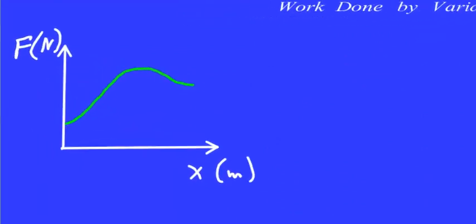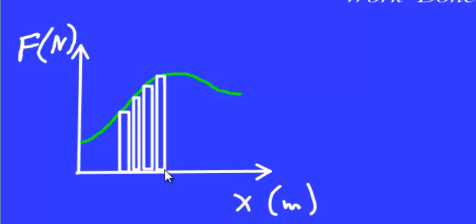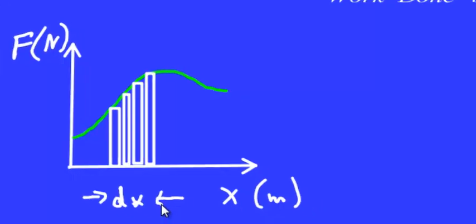We are going to break up the area under that curve because whatever area we end up calculating, it's still going to have the units of Newton meters and therefore the units of work. We're going to break that up into a bunch of thin rectangles whose width is, you guessed it, dx, and we're going to let the width of those go to 0.